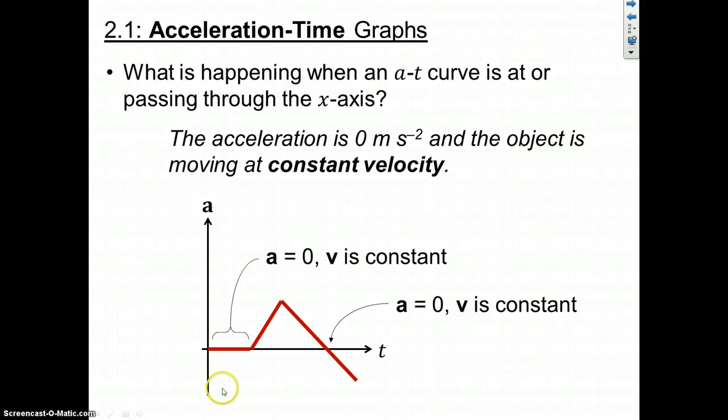We can't tell, because all we know is that it's not accelerating. So an object standing still is not accelerating. That could be what's happening here. But an object that is simply moving at a constant velocity of 10 meters per second also is not accelerating. So this flat line doesn't tell us which of those two possibilities is occurring.